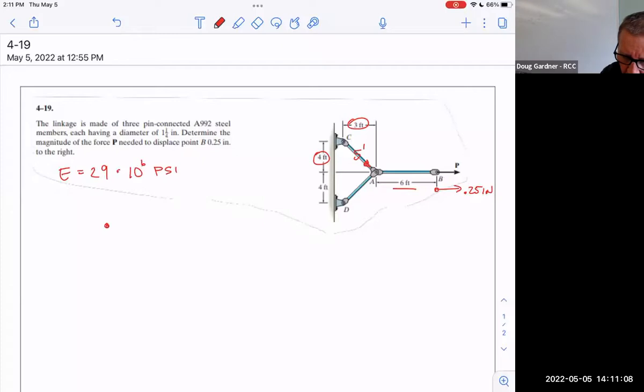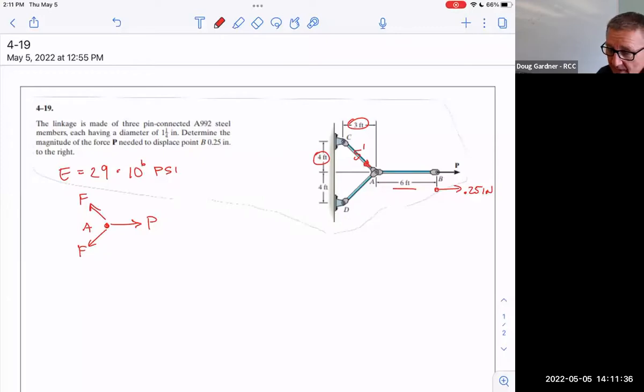If I pull to the right, and this is A, if I pull to the right with P, and this is pulling off in this direction, that's pulling off in that direction. Do you notice that's symmetrical? Which means I don't have to give these two different names. I could give them the same name this time.